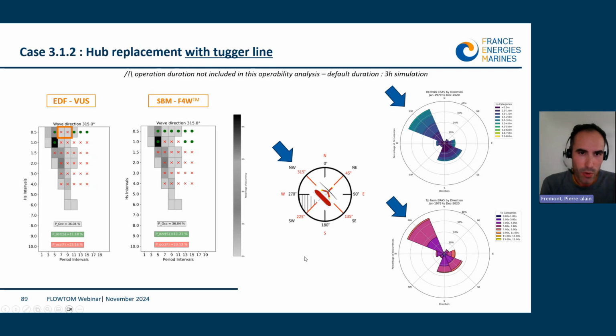But that has a low impact on the operability results because you can see we are going from 11.18% for the semi-sub versus 11.21% for the TLP. The two sea states which are not succeeding for the semi-sub have a very low occurrence percentage.